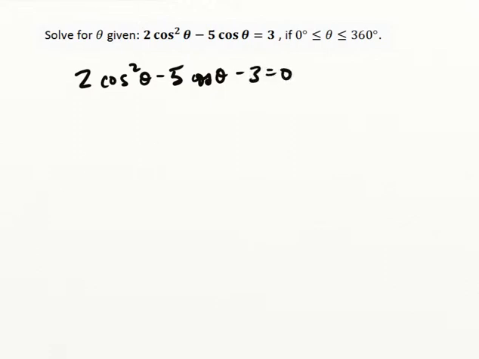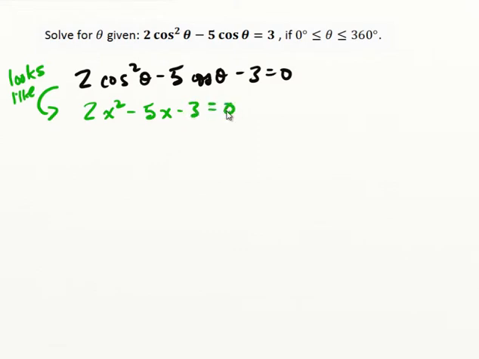Now, that looks a lot like a quadratic, doesn't it? So I'm just going to say this looks like 2x squared minus 5x minus 3 equals 0.